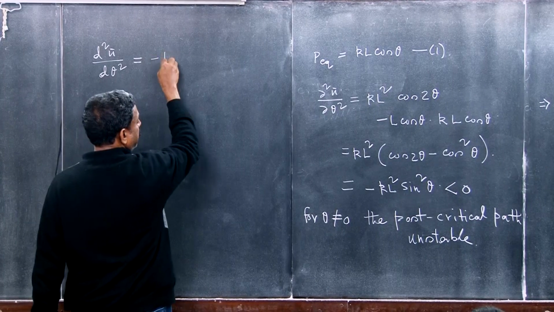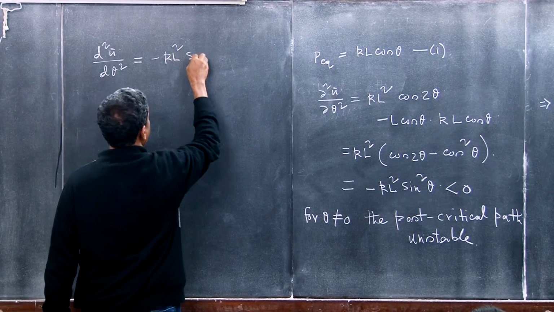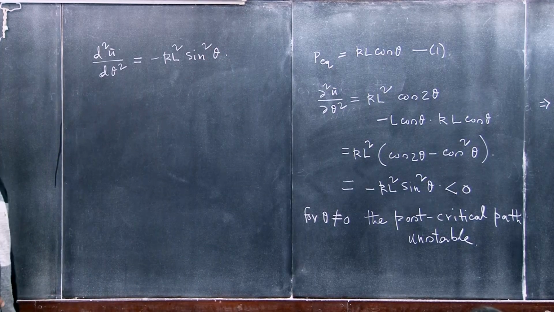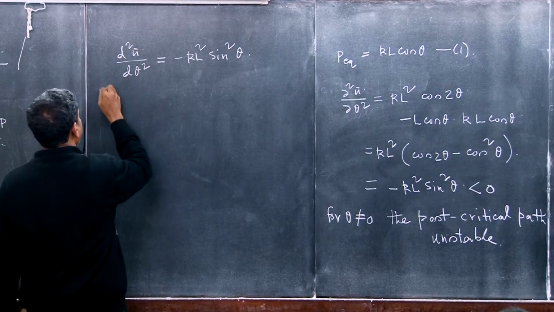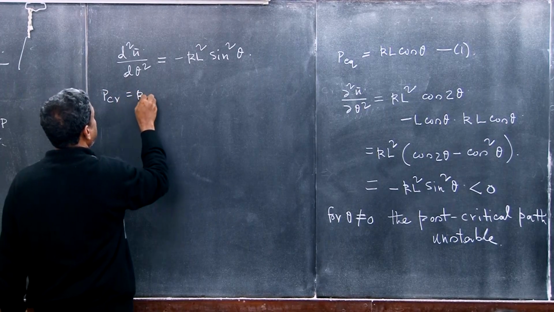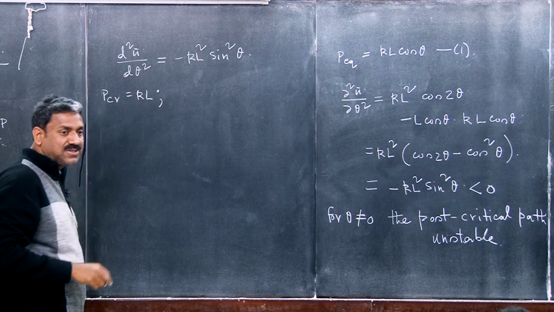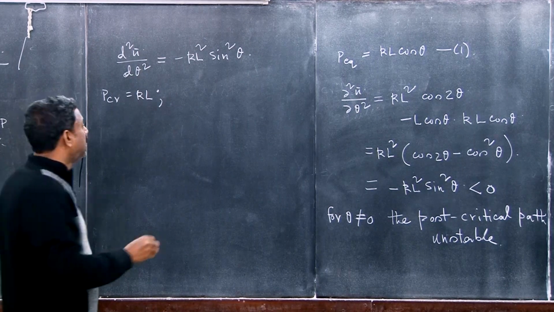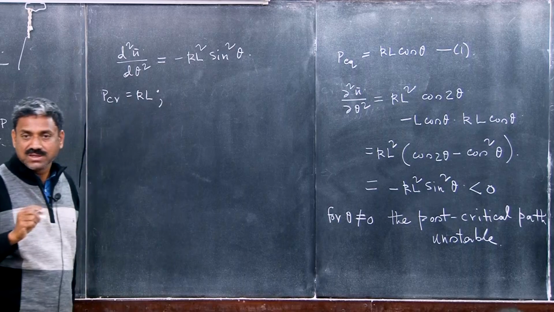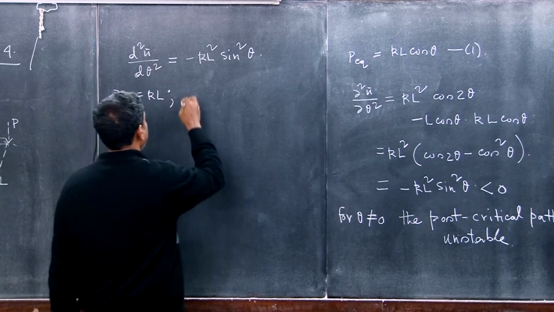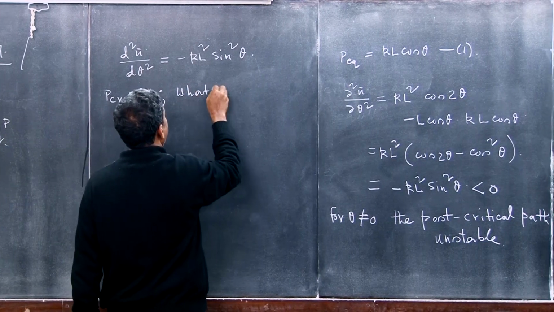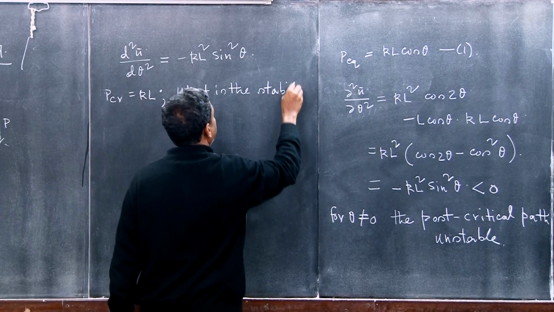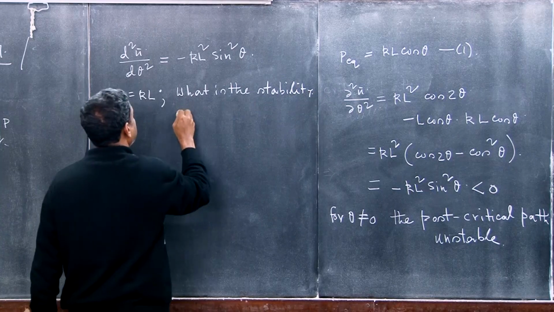So, this is minus K L square sin square theta. What about the critical load? P critical is K L, and we want to check what is the state of equilibrium, just when it reaches the critical load. So, what is the stability at critical load?